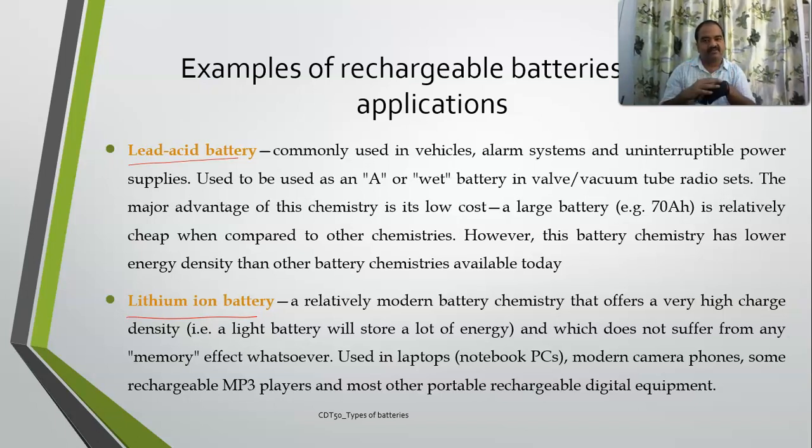Even in Tesla electric cars, lithium-ion batteries are used now. You can't use a lead acid battery for an EV. It will take hours. I can't sit for hours just waiting for my mobile or laptop or EV to be charged. So I want a quick solution. So here comes the lithium-ion battery.